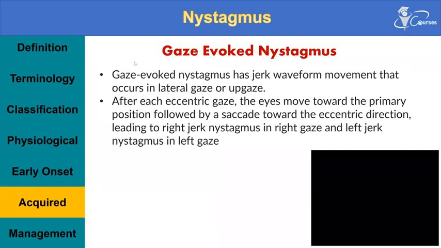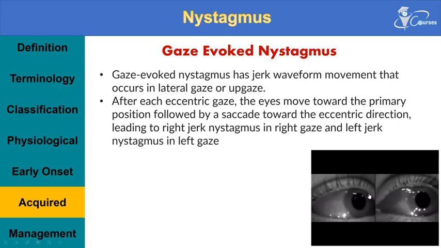The eyes drift towards the primary position, followed by a saccadic movement towards the eccentric direction, leading to right jerky nystagmus in the right gaze and left jerky nystagmus in the left gaze. So ask the patient to look to the extreme right, there will be right jerky nystagmus. Ask the patient to look to the extreme left, there will be left jerky nystagmus.